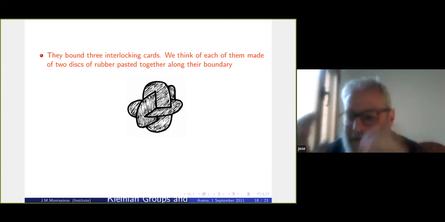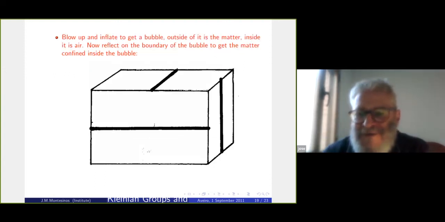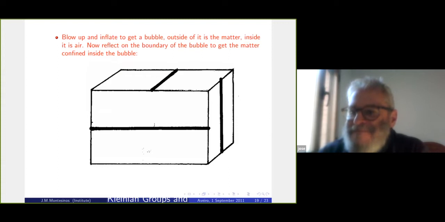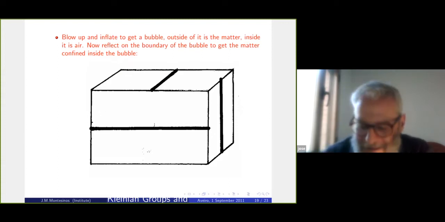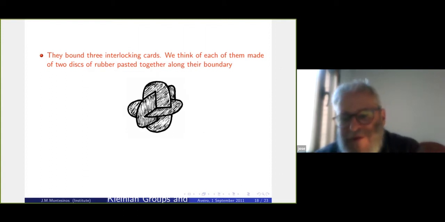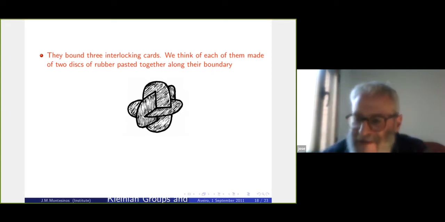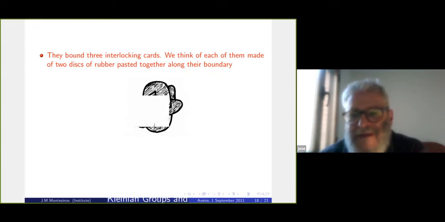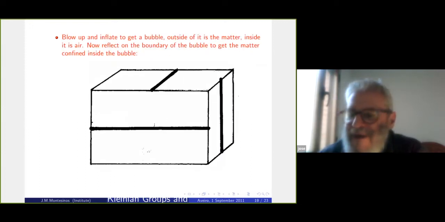What happens is that, look, the triple point in which the 3 interlocking cards meet, when you inflate, gives the 8 vertices of this cube.